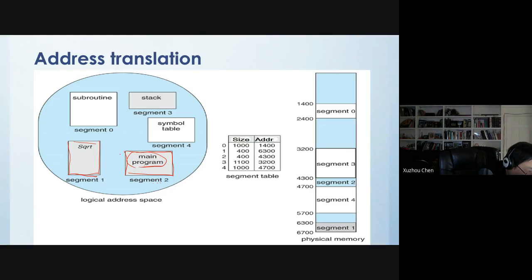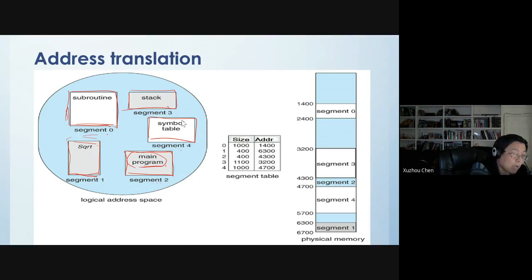The main function may call the square root function, but because that's one piece of function I implemented, I don't want to separate this piece. So I put another segment for this square root, another subroutine, another method. I put this in segment 0. And here's a stack, segment 3, and a symbol table, segment 4. So the whole program is divided into 5 segments: segment 0, 1, 2, 3, 4.